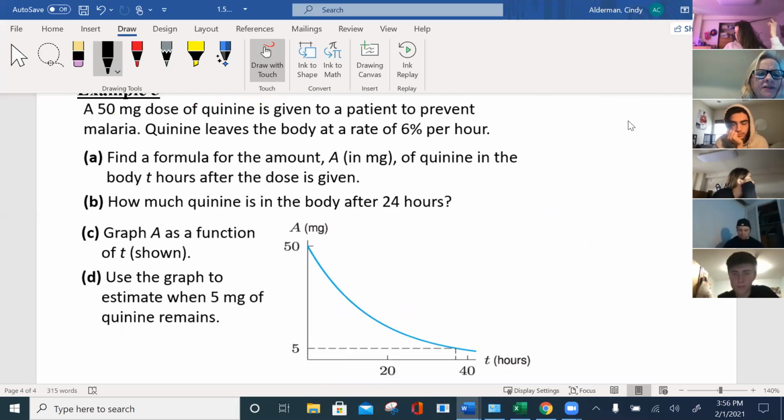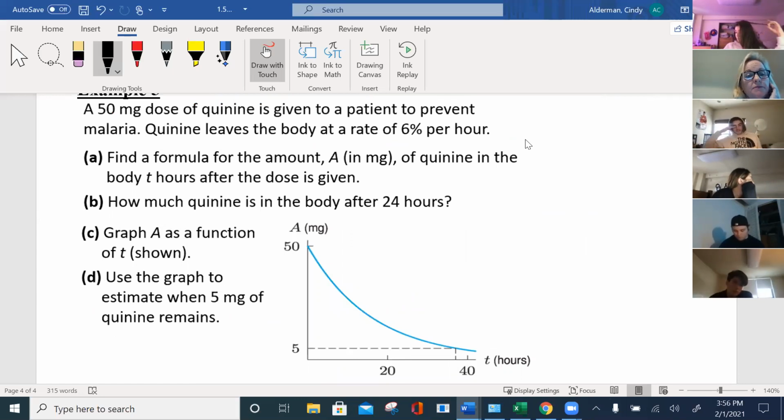Okay, it says a 50 milligram dose of quinine is given to a patient to prevent malaria. Quinine leaves the body at a rate of 6% per hour. When you're doing these problems, the first thing I want you to think is, is this increasing or decreasing? What is it, you guys? Obviously, by the graph, it is decreasing.